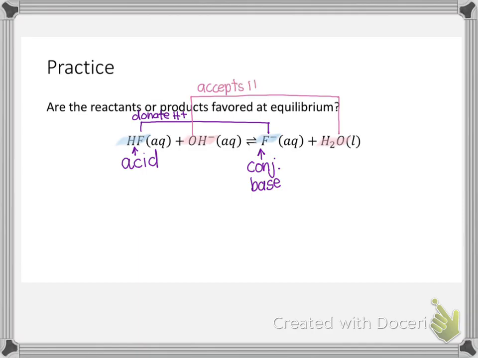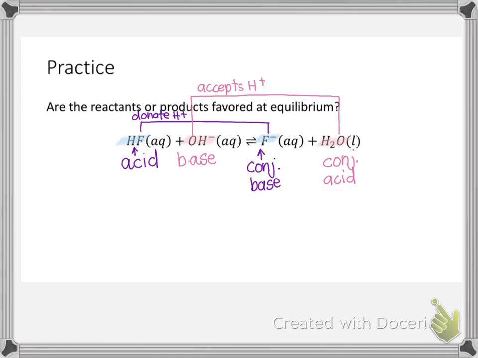That's what we would expect. One donates, one accepts, and that makes this the base. And this is the conjugate acid. All right, so that's step one, is you label it.